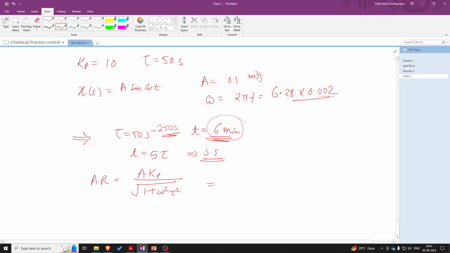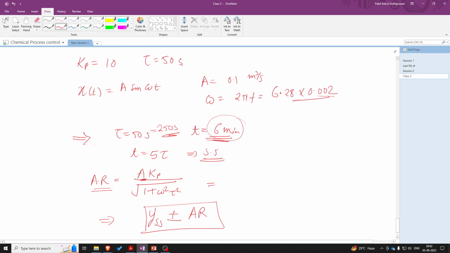Now in this given question, we can find the amplitude ratio, and then in order to find the maximum and minimum value, we can just find the deviation corresponding to the steady state value, that is the maximum and minimum value will be given by Yss plus or minus AR. Now in order to find the amplitude ratio, we can just replace all these values.